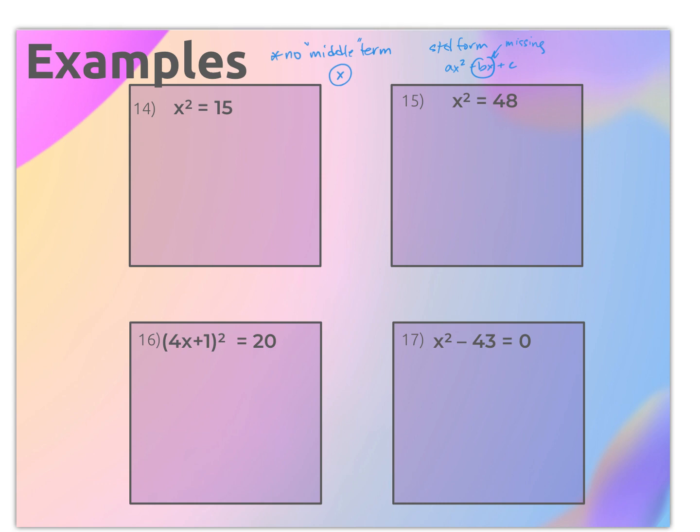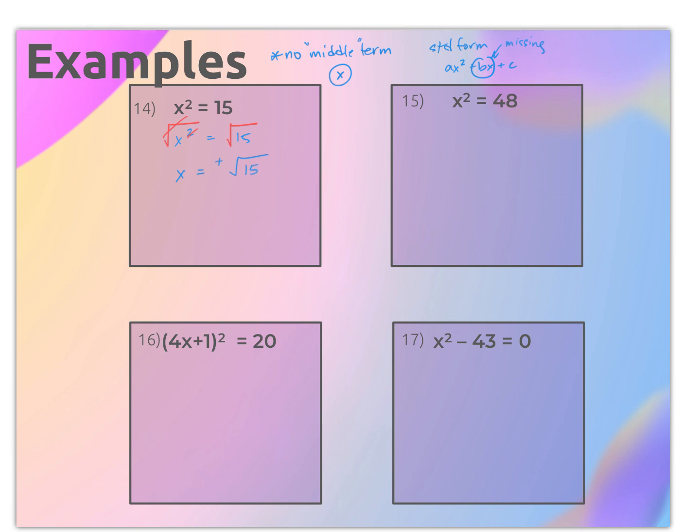So let me move it back over to the right, and if I have x squared equals 15, if I take the square root of the left side and the square root of the right side, the square root and the 2 here are going to cancel, and it's going to leave me with just x. So x equals the square root of 15.